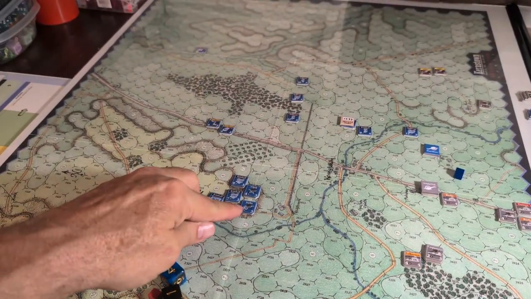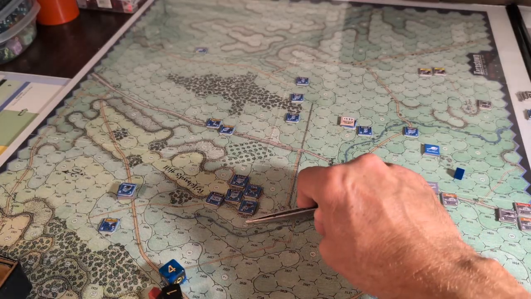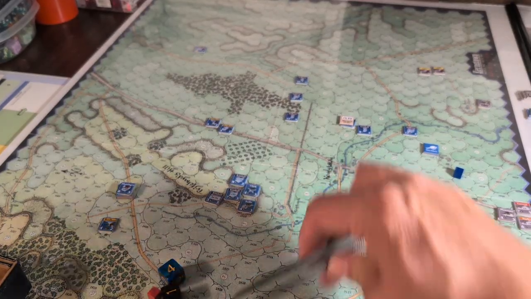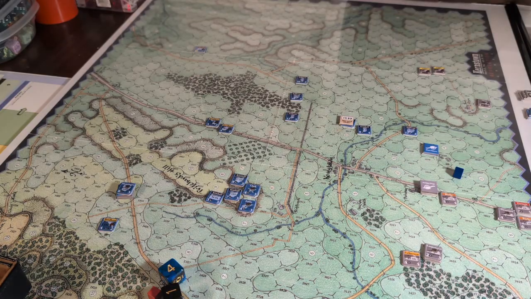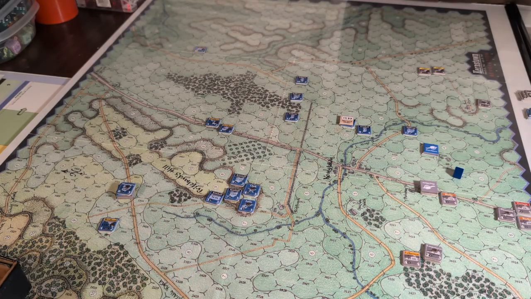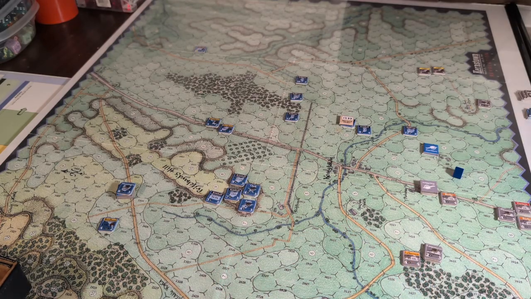Next, Jinx is going to fire here. That's 1, 2, 3, 4, 6, 7. He's rifled. That's going to be effective range, and that's just straight up.